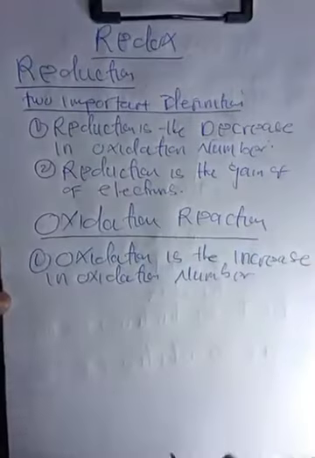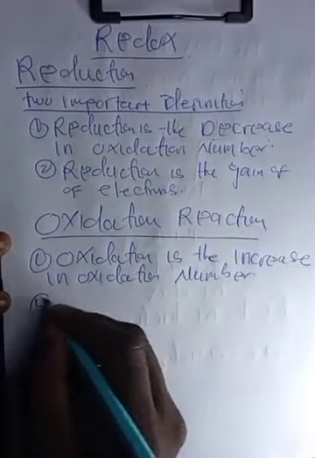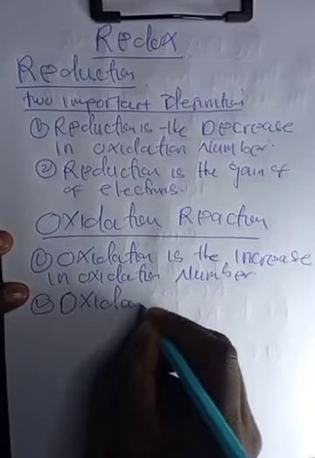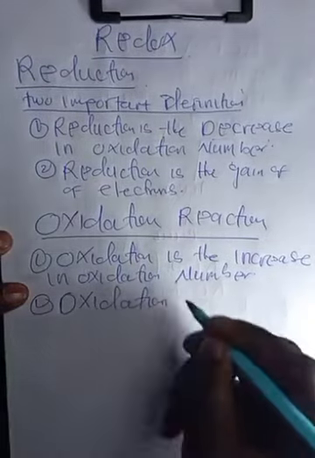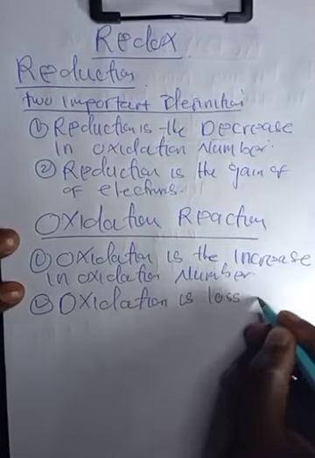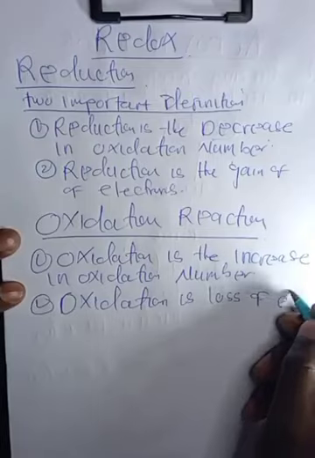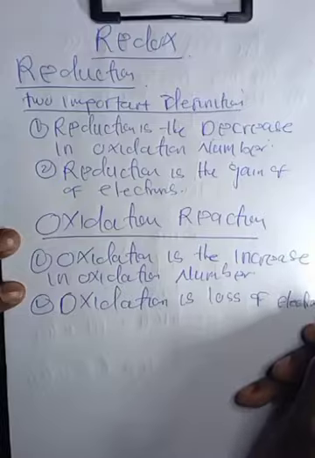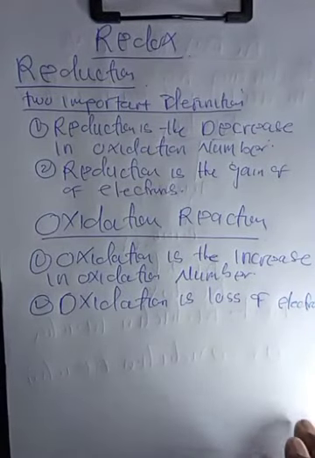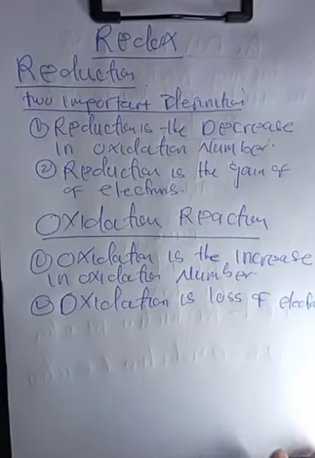I'll explain about oxidation number in the meantime. Then the other important definition is that oxidation is the loss of electrons. So this is what we did, loss of electrons. This is just a quick revision from what we covered last time.